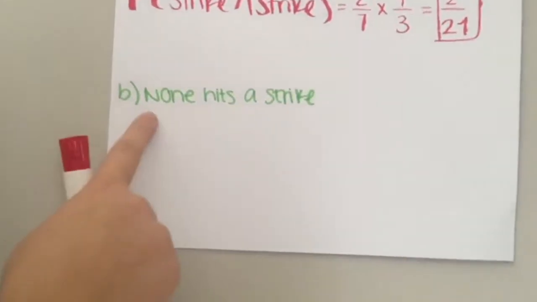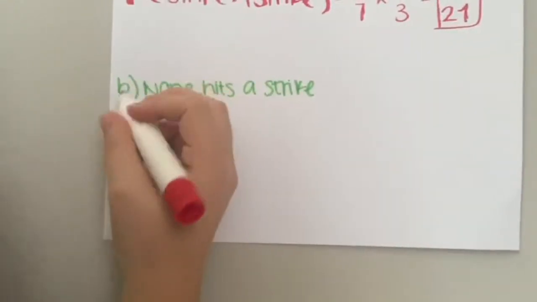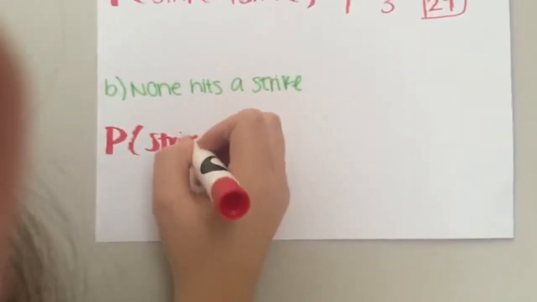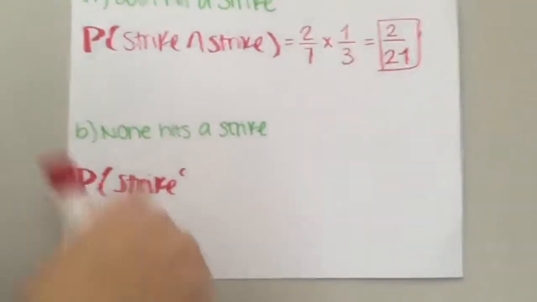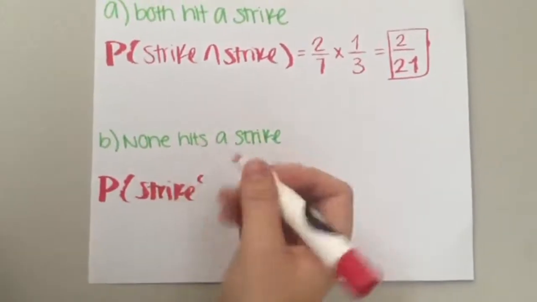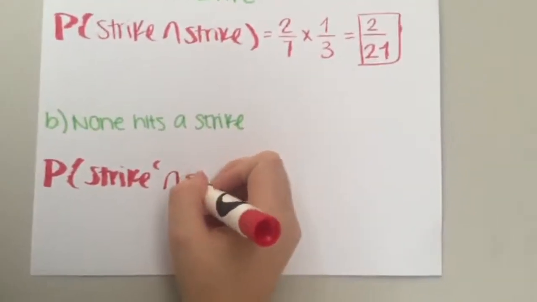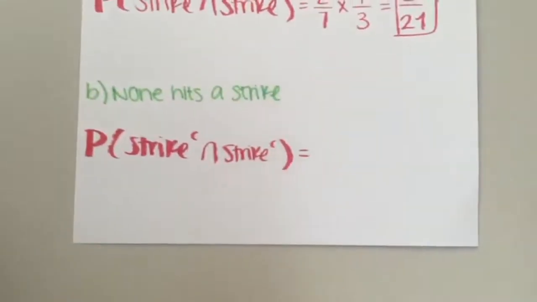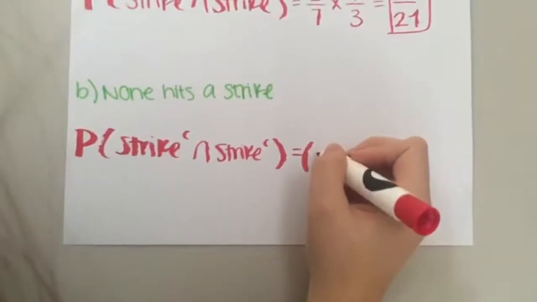Now letter B, it says none hits a strike. So it's a probability of strike, the complement, because they don't hit a strike, and strike and the complement. So in here we have to multiply the complement of each of the probabilities.